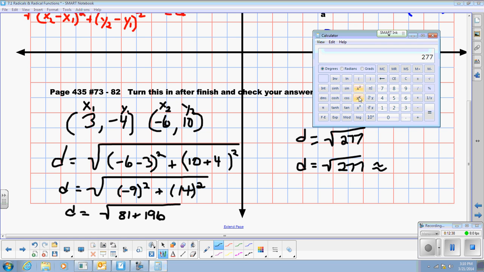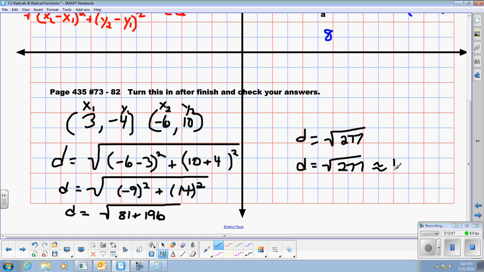Not x squared. Well, I'll just tell that one there. I want a square root. So the square root is approximately 16.64. So I'd say it's approximately 16.64.